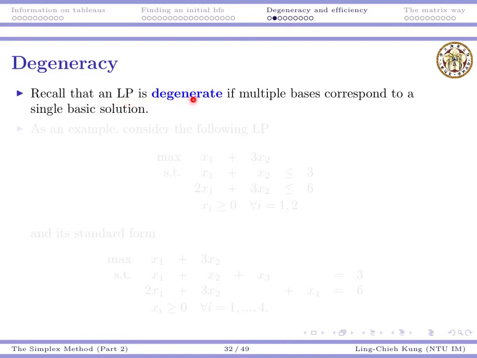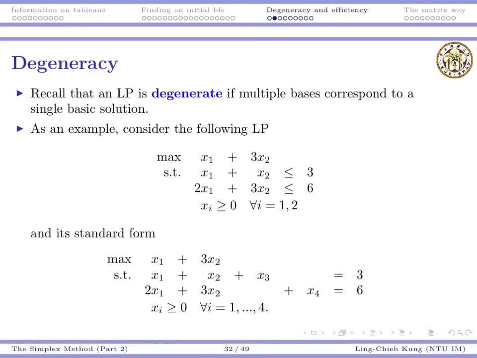An LP may be degenerate if multiple bases correspond to a single basic solution. Let me first remind you about this definition. For example, in this example, we have this two inequality linear program. In the standard form, there are in total 4 variables with 2 equality constraints.